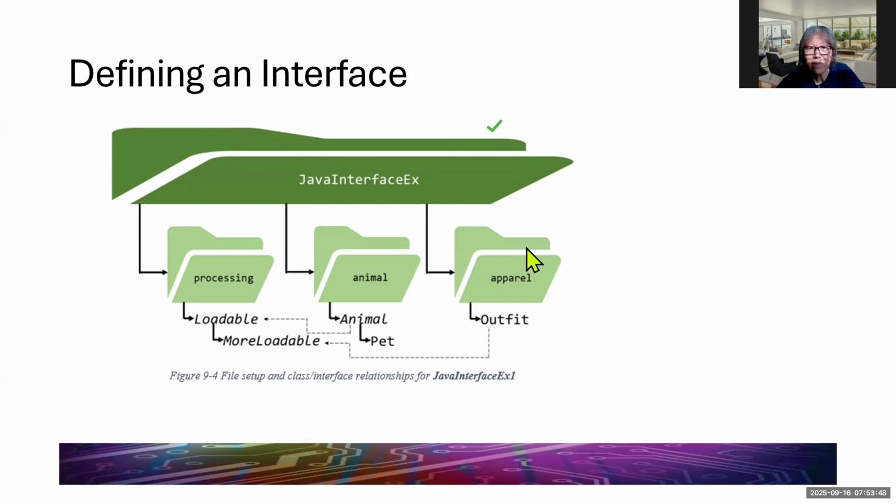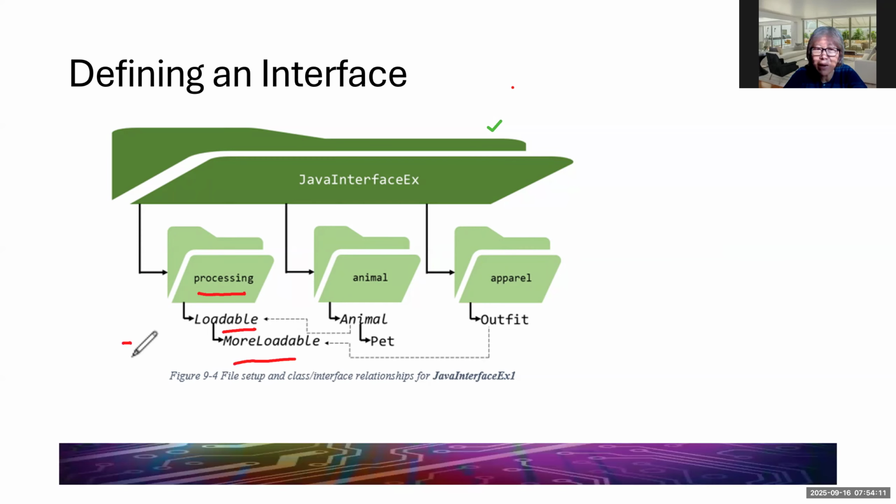Okay, then next, let's see. We have an example about Java interface. And in our example, we have three packages, the processing package. In this package, we have two interfaces called Loadable and MoreLoadable.